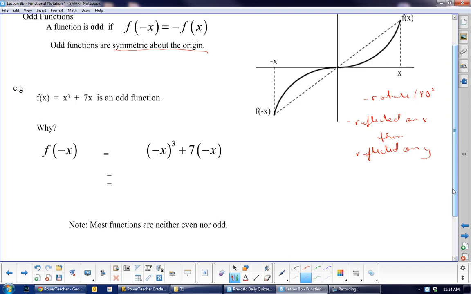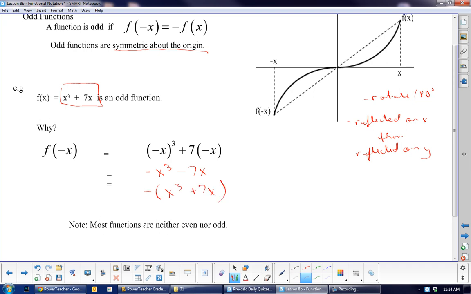So here's the function that is odd. x cubed plus 7x. Okay? If you plug in negative x, this gives you negative x cubed minus 7x. If you take out a negative, that gives you x cubed plus 7x.